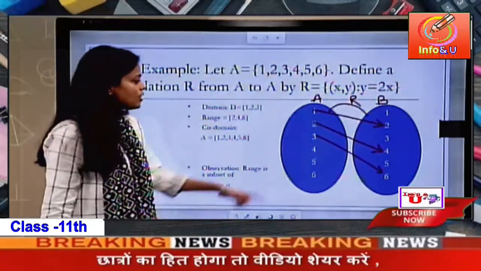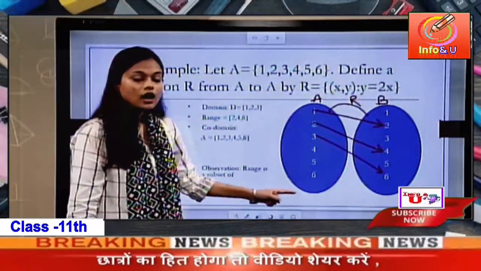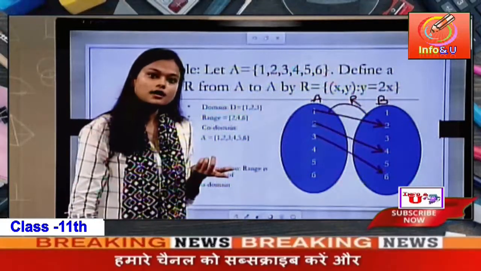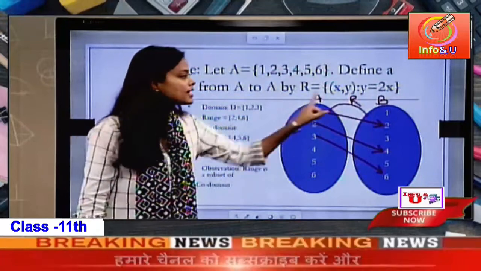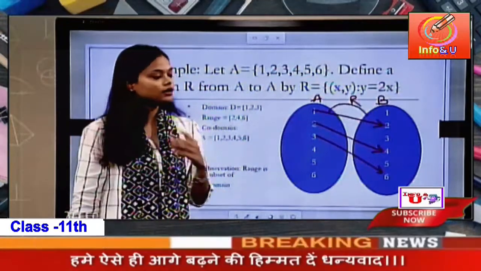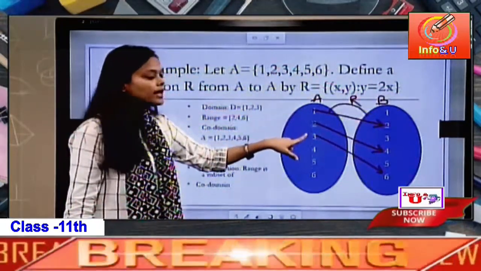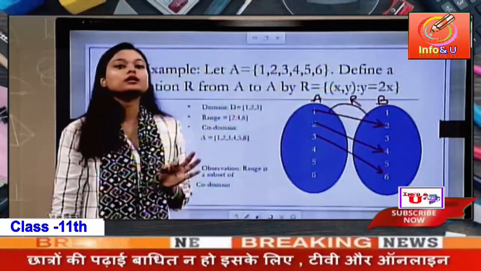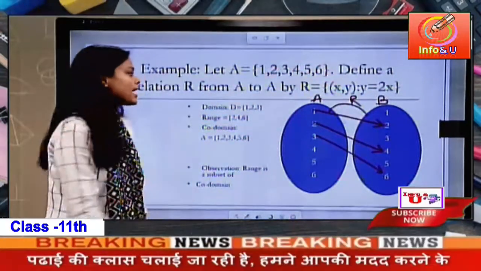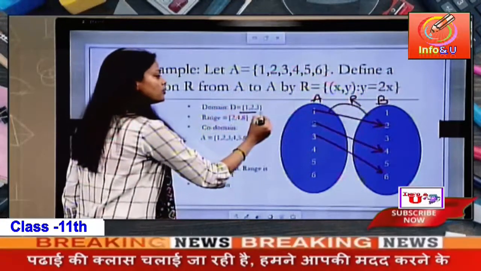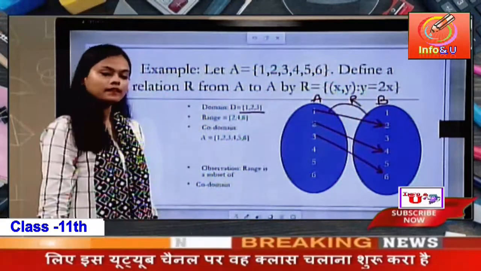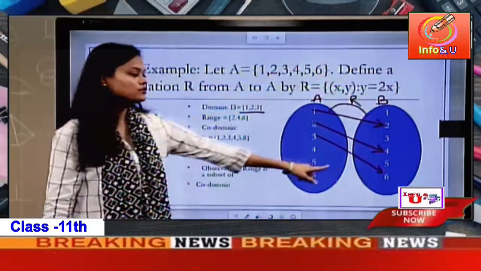Now domain. What is the domain? How many elements are having their image in the set B? Only 3. That is 1, 2 and 3. So domain will have 3 elements and they are 1, 2 and 3. Okay. Now range.